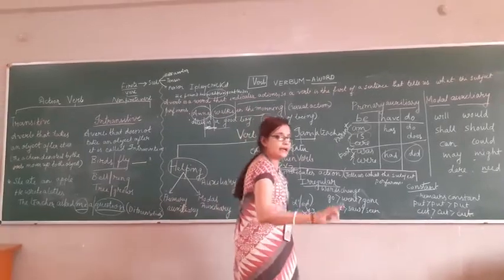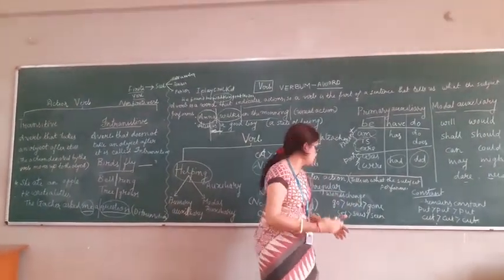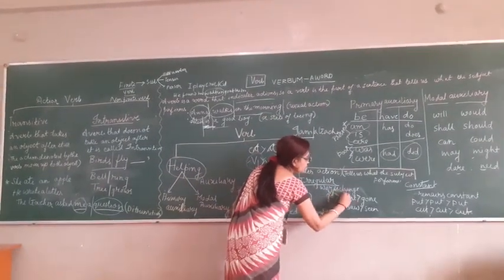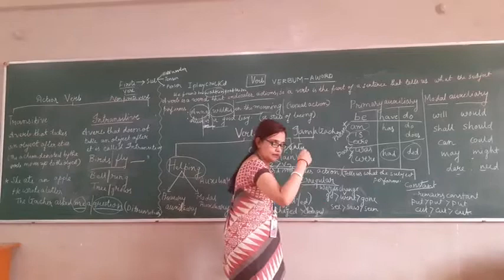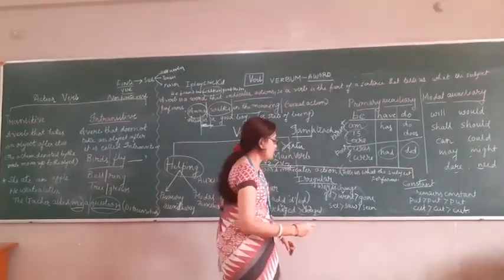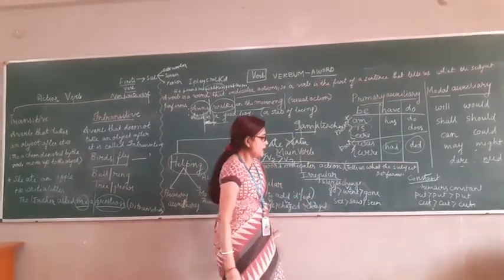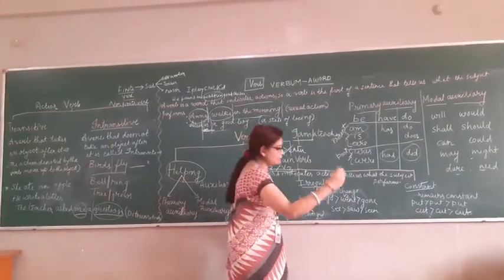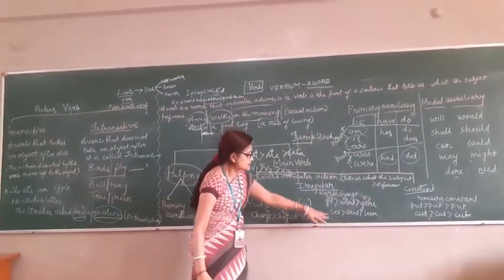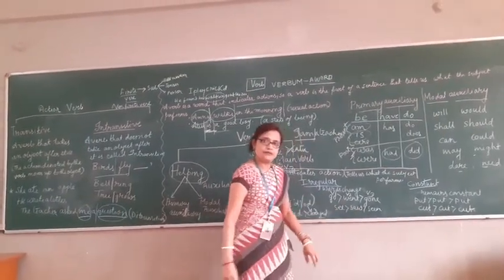Irregular verb means the entire word itself gets changed. Say go. In V1 it is go. That means in the root form, in the original form, in the present form it is go. In the past form, V2, it is went. And in the participle form, that is V3, it is gone. Whereas see, saw and seen. Right?